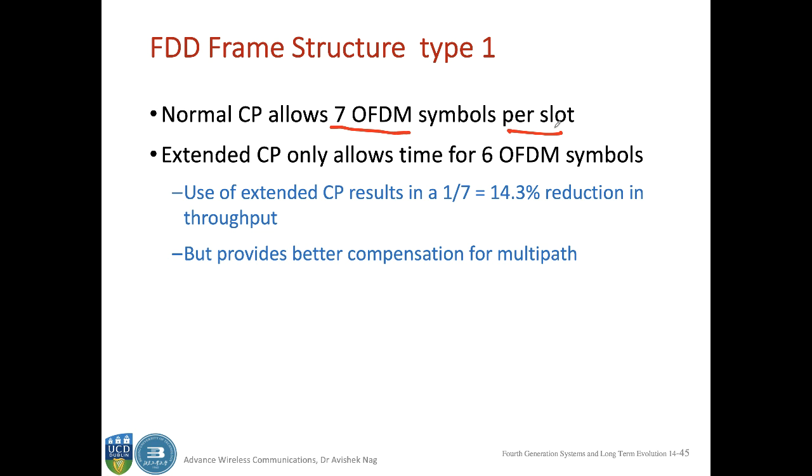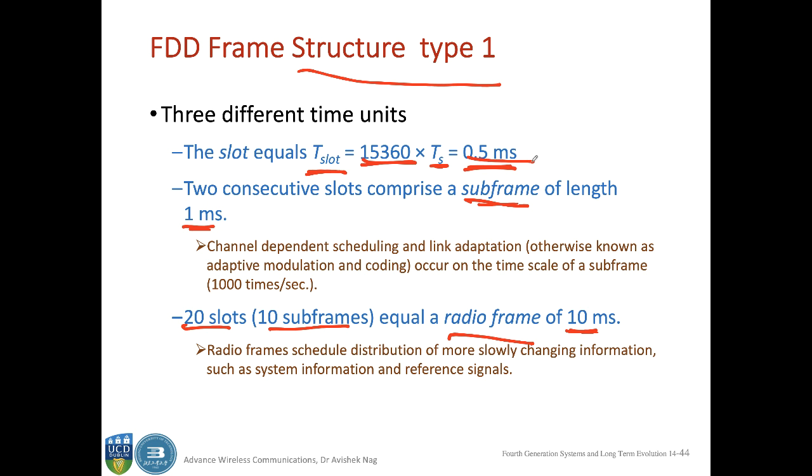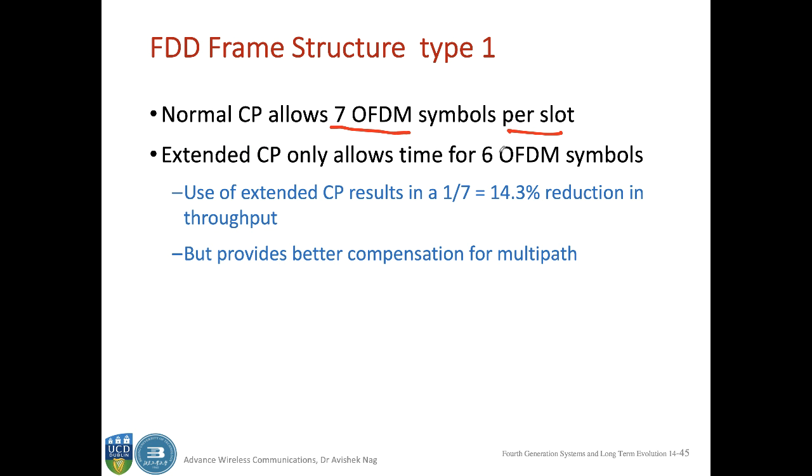One slot is 0.5 milliseconds, so if you use a small cyclic prefix, then you can have more OFDM symbols, because the total time slot is fixed. If you use extended CP, it only allows 6 OFDM symbols. So use of extended CP results in a 1/7 or 14.3% reduction in throughput, but it provides better compensation for multipath.